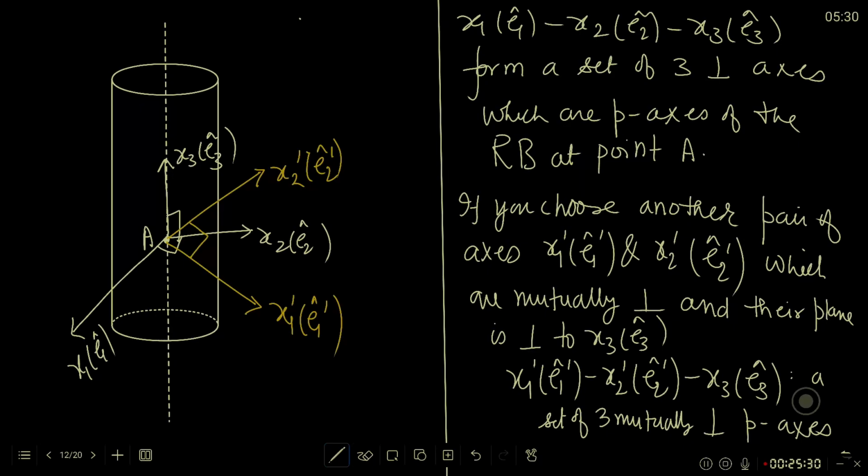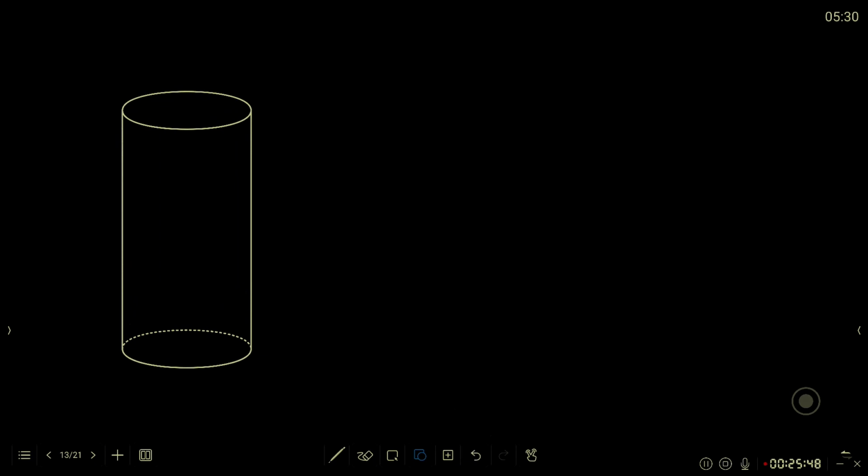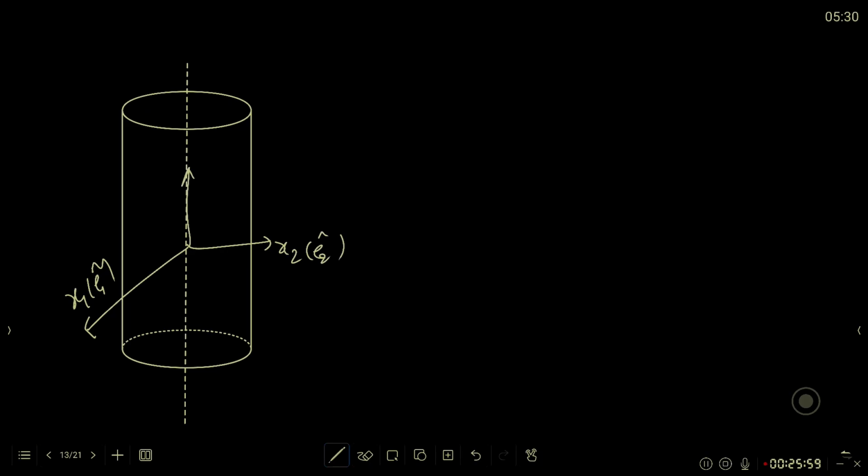Since you are able to identify these axes, in this case you must choose A x1 e1, x2 e2 and x3 e3 as our working coordinate system.